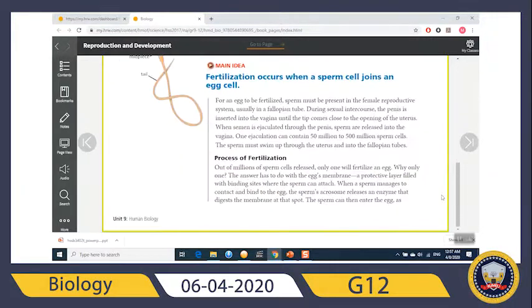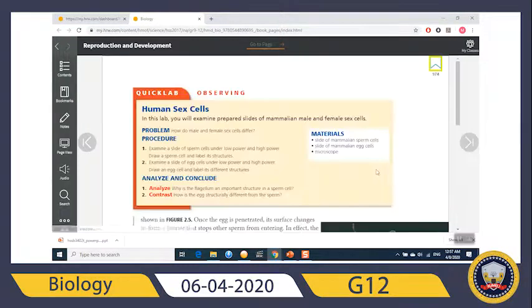It will release a specific enzyme that digests the membrane at that specific spot. So the egg membrane has one binding site and millions of sperms are on the membrane. Now, a lucky sperm found this binding site. The acrosome will release enzymes, digest this spot, and allow only one sperm to enter.